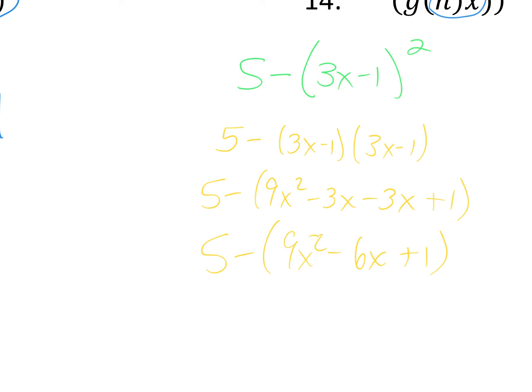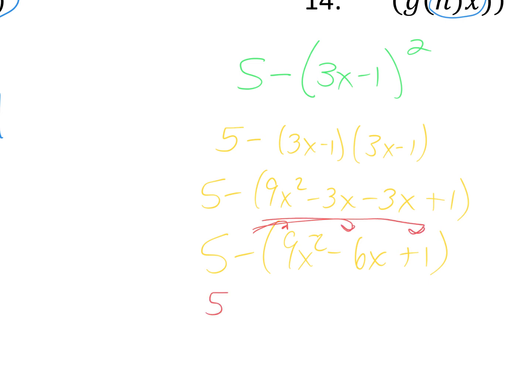Do you notice, guys, how I kept that whole thing in a parenthesis? Why did I do that? I have to distribute that negative. If it was a plus sign, you didn't have to. But I have to distribute that negative sign to everything back here.